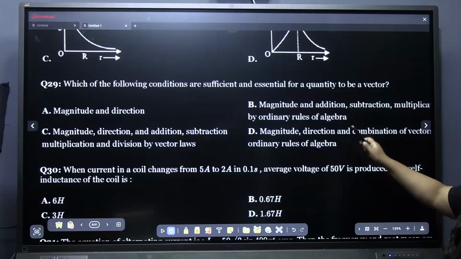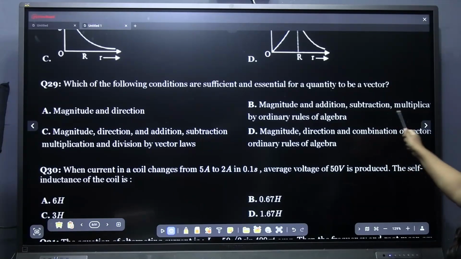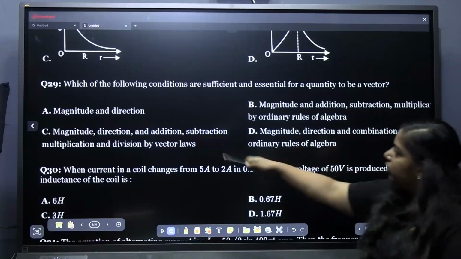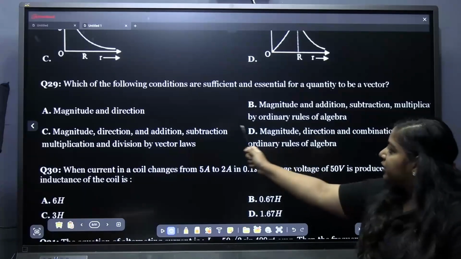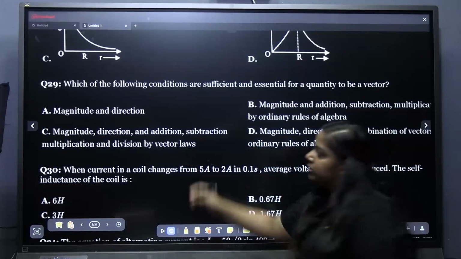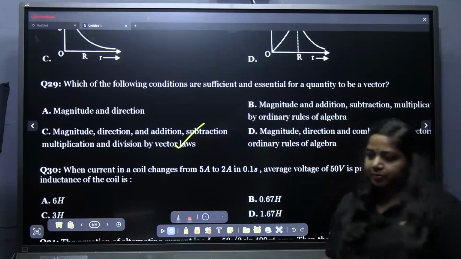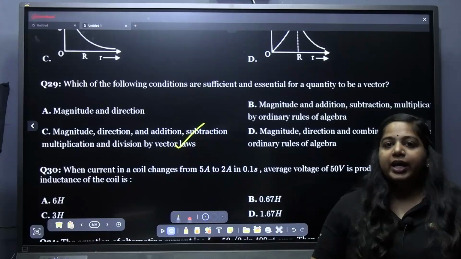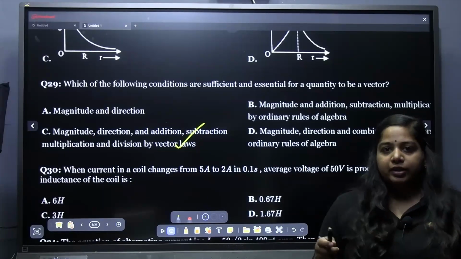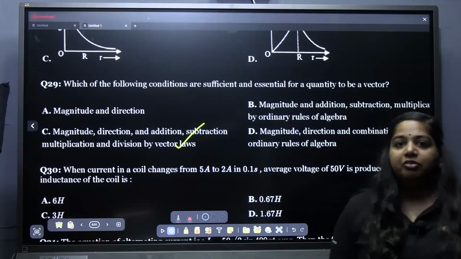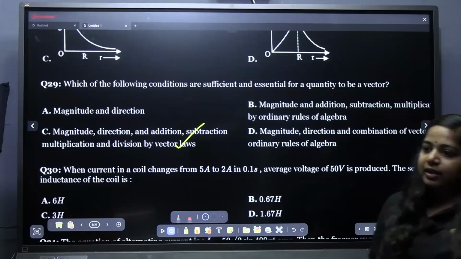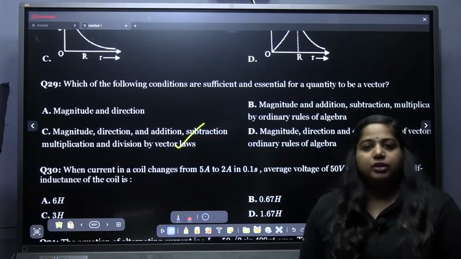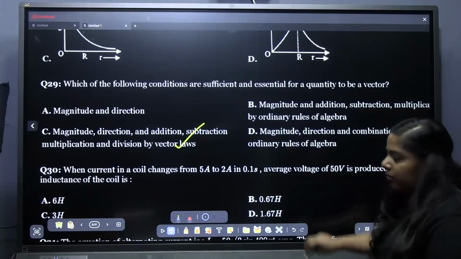Option B: magnitude and addition, subtraction, multiplication. No, direction is also required. So magnitude, direction, and obeying vector laws of addition, subtraction, multiplication, division. So option C is the answer. These three are necessary for a quantity to be a vector quantity. That's why current is not a vector quantity. It has magnitude and direction, but it is not a vector quantity. Okay.